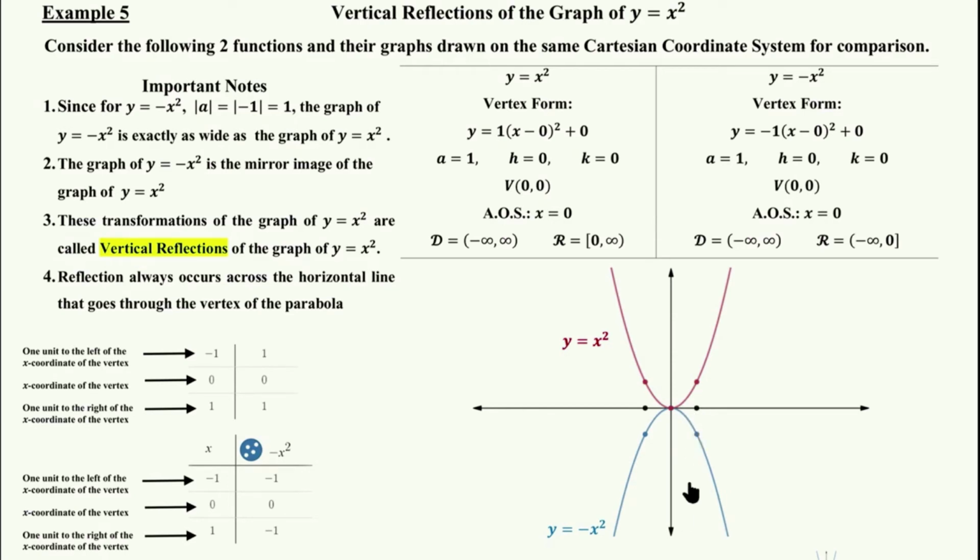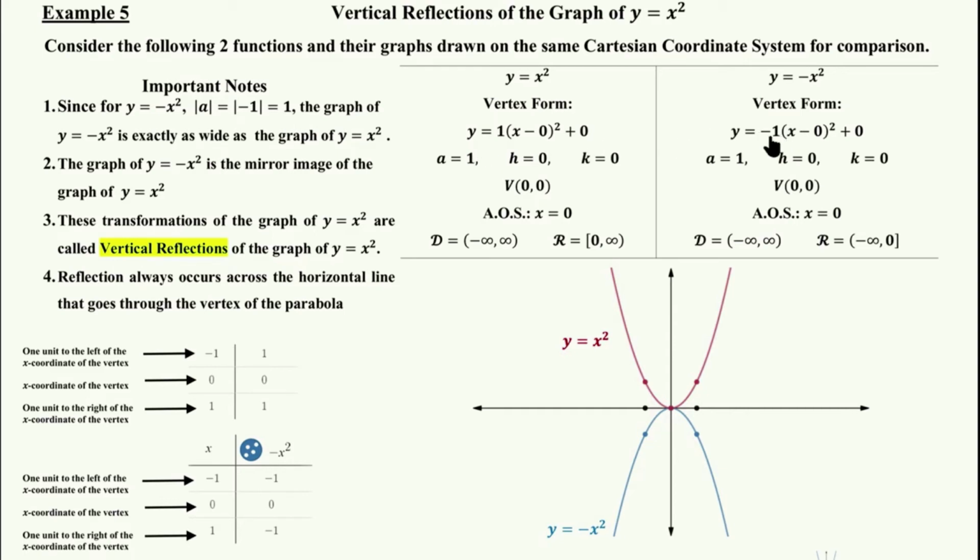So the set of all the outputs is -infinity to 0, and that's inclusive of 0. That's why we need the bracket. So be cognizant of that fact.